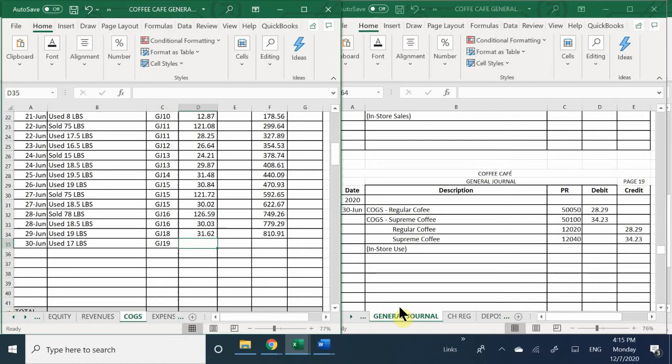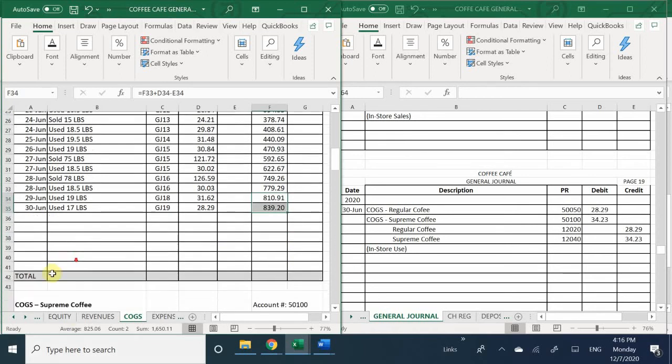And that was for 28.29, bringing our new total to $839.20. Yay. Okay.